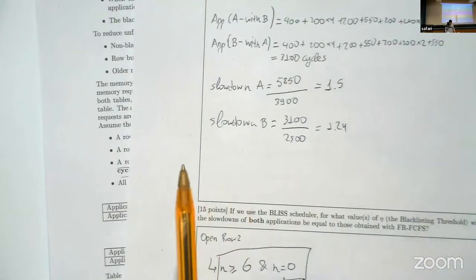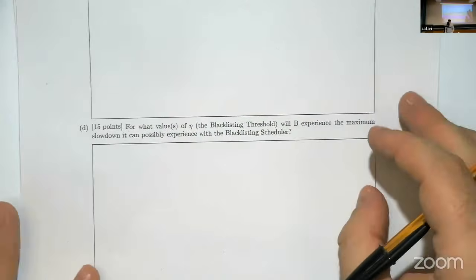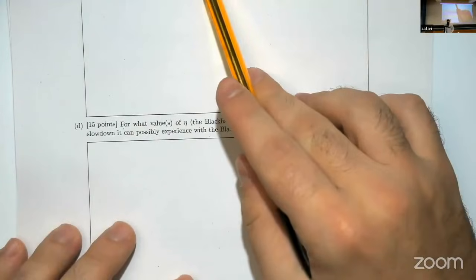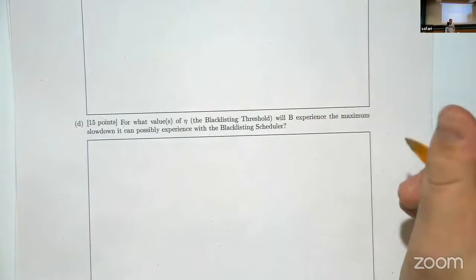So let's go to the next one. For what value of n, which is a blacklisting threshold, will the slowdown of A be smaller than 1.5?